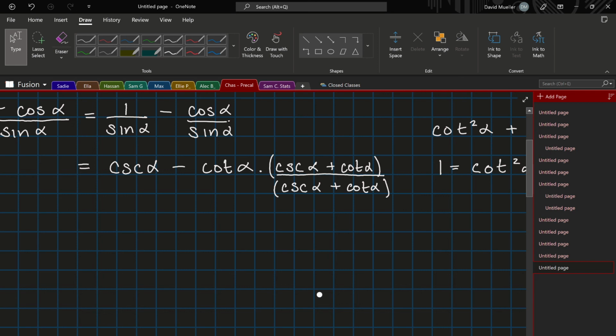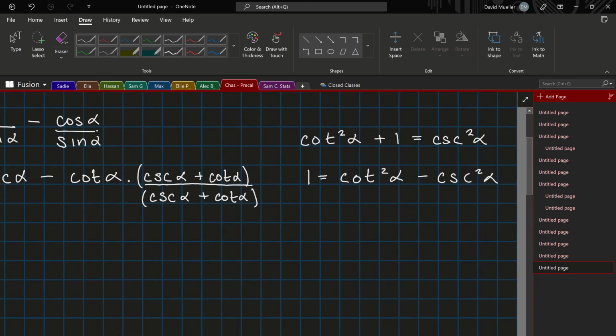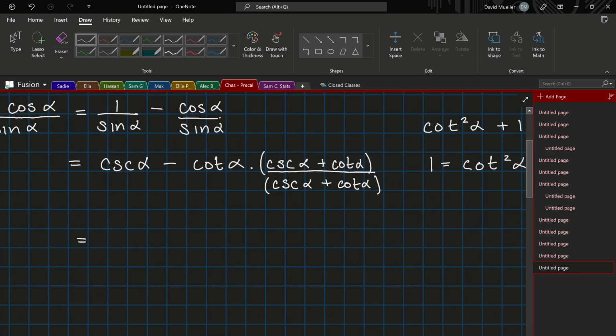So then it'd be cosecant minus cotangent times cosecant plus cotangent. The cosecant would be squared, and the cotangent would still be negative and squared. So that gives us our difference of squares, and the cross terms cancel, whenever you multiply something by its conjugate.